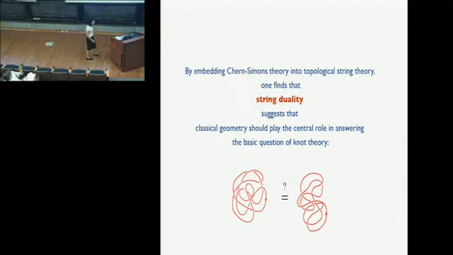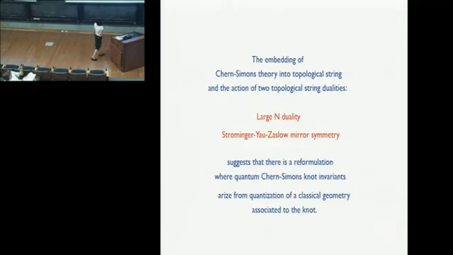Now, what I'll show you today is that by embedding Chern-Simons theory into topological string, one finds that string duality suggests that, in fact, classical geometry may play the central role in answering the basic question in knot theory, when are two knots distinct?